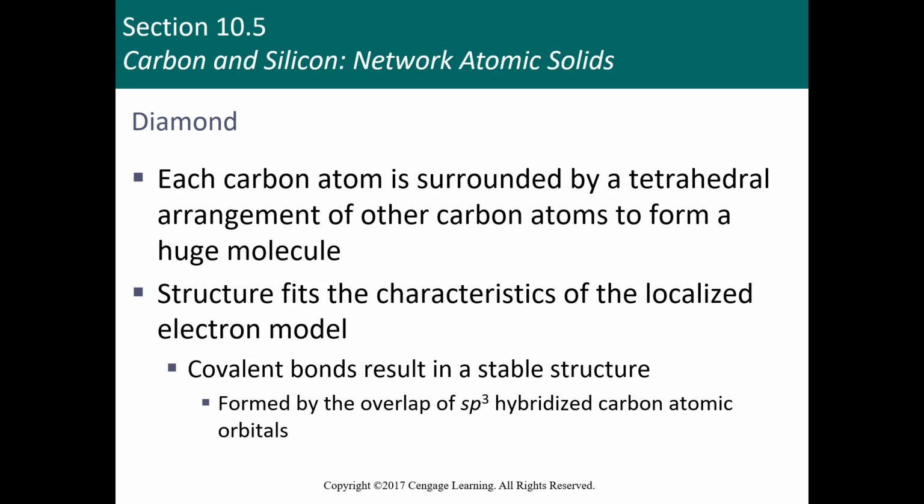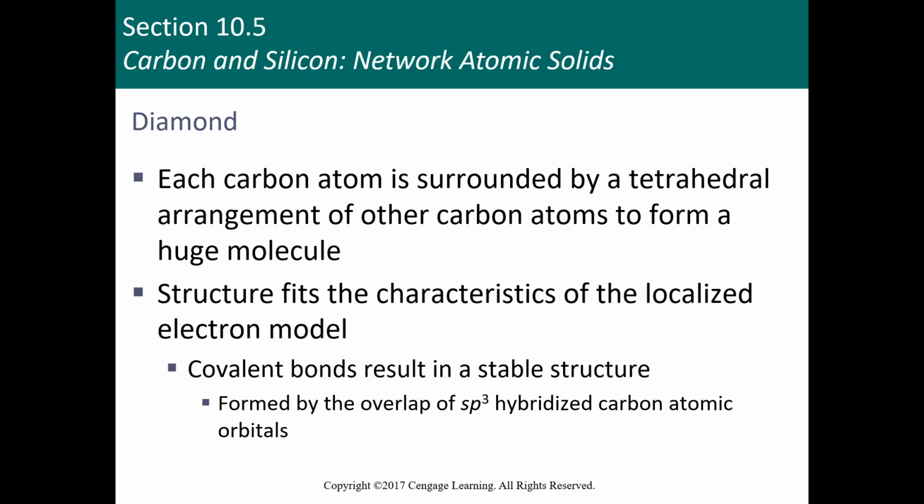So this structure is going to fit the characteristics of a localized electron model. These are literally covalent bonds, just like we've talked about before, that are going to result in an extremely stable structure. Typically, these have very high melting points. They are very difficult to scratch, many of them, and they have many properties that take advantage of those covalent bonds.